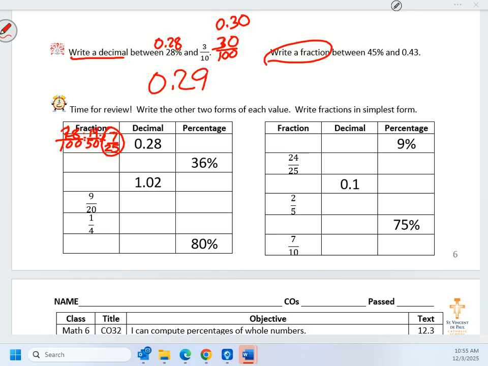Jack? Tell me what the percent would be. Okay, 28%. Yeah, because it goes to that 100th place. I can just take that number and put it as a percent. Okay? Any questions on how to fill in these two tables?